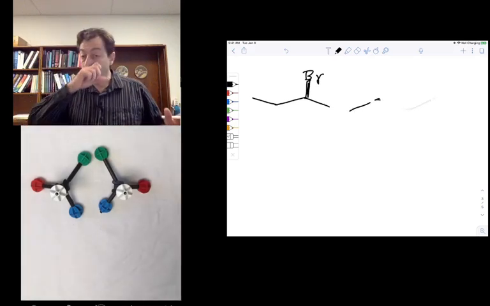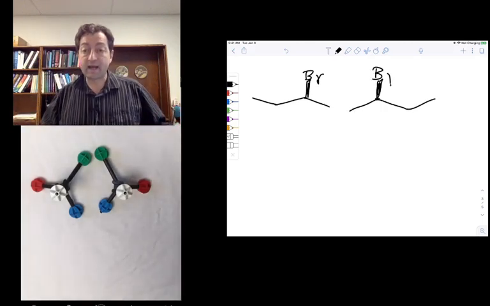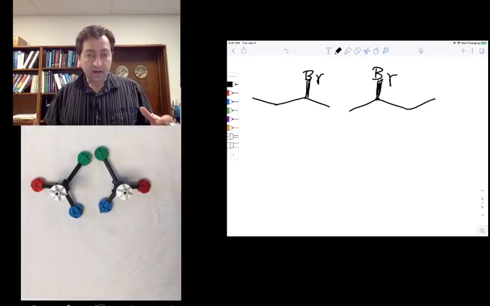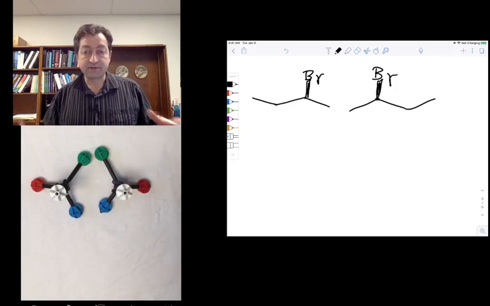Here, for example, is a more typical organic molecule, the kind that we would take a look at, where we've got a couple of different substituents on it, something like an alkyl halide. We'll come back to those in a bit more detail.